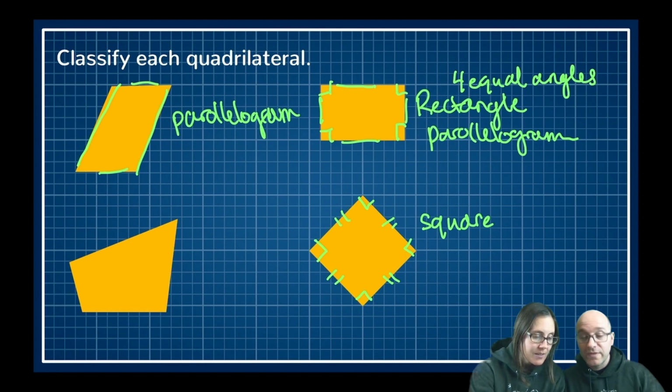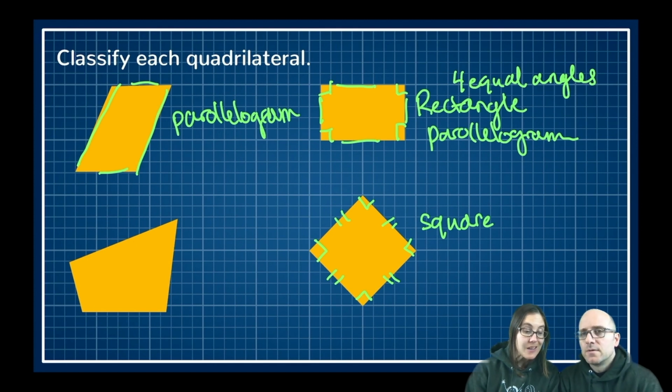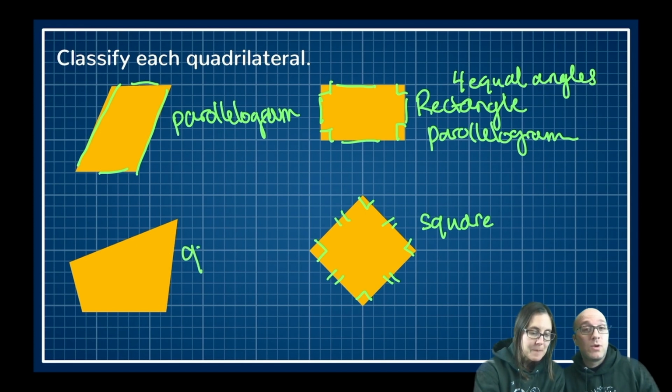And if you look at the opposite sides here, if it was like this, where these were parallel, then it would be a trapezoid. That's right. But it does not have two parallel sides, and so it is just a regular old quadrilateral. Yeah, it's a quadrilateral, and that's the best we can do. We can't get any more specific than that.